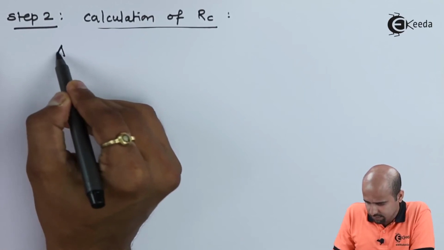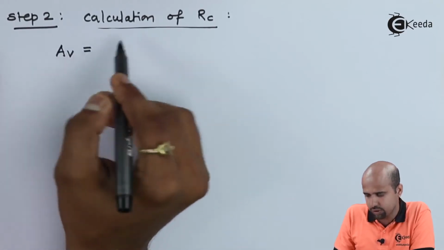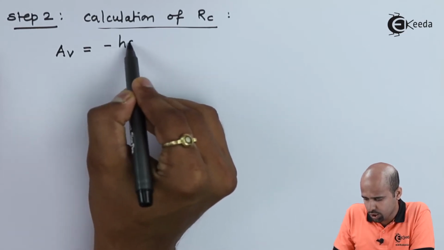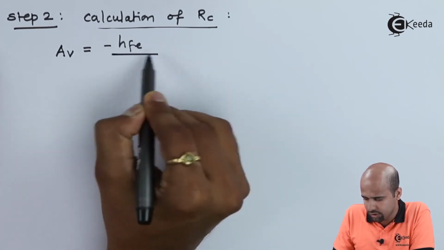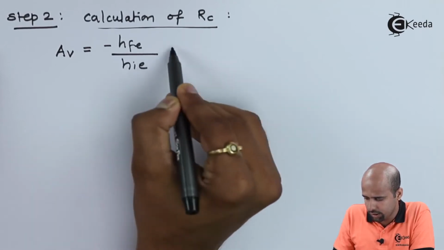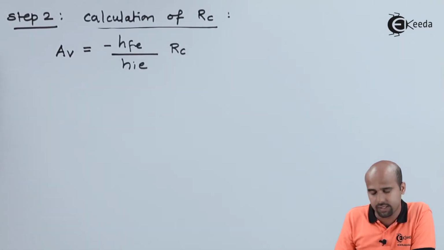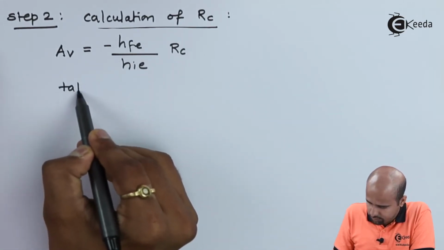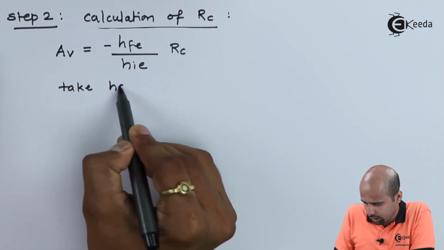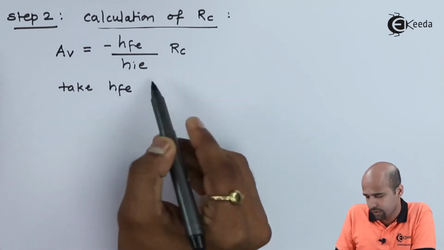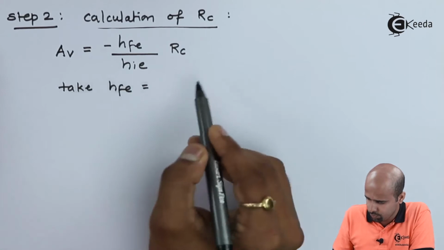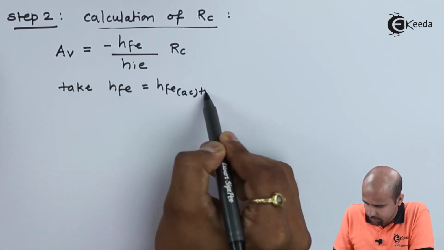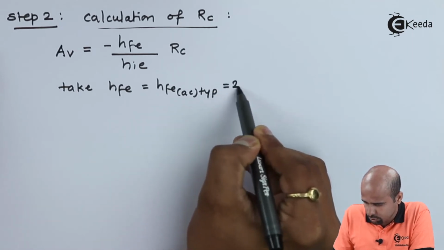In this case, we will use AV is equal to minus HFE divided by HIE into RC. Here, take HFE equal to HFE AC typical, that is 220.